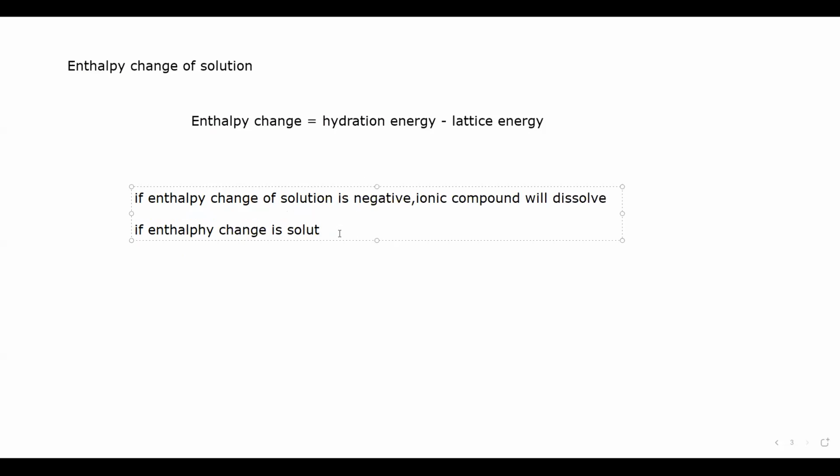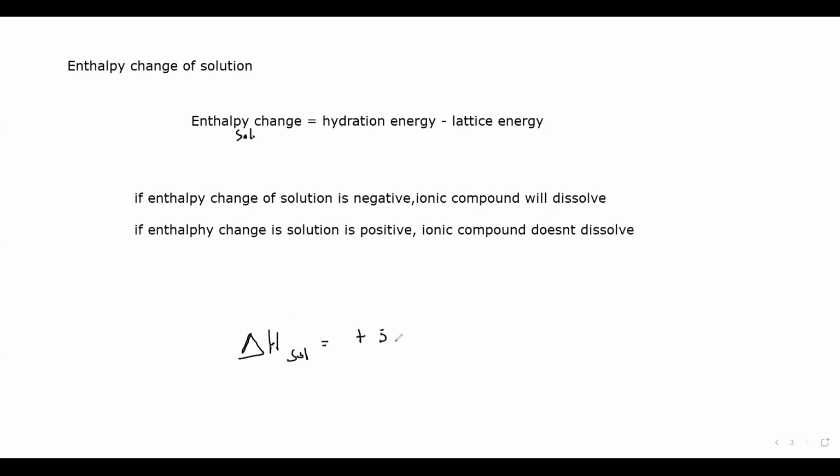And if the enthalpy change of a solution is positive, the ionic compound will be insoluble. But when we find the enthalpy change of solution of sodium chloride, we find it is plus 5 kilojoule per mole.